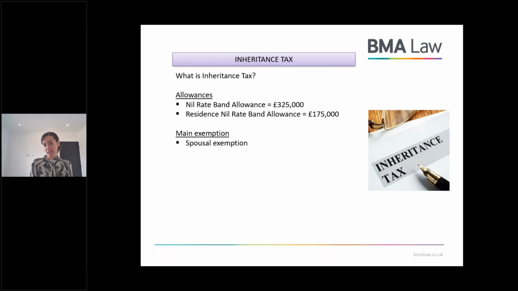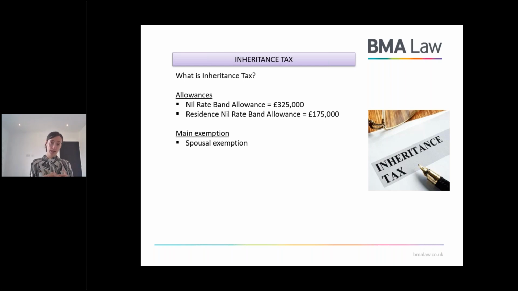So what that means is that if we have spouses or civil partners, the first leaves everything to its widow or widower, and then the second person passes away, then we would expect, if a home is then also left to direct descendants, that the couple's estate can benefit from 4 allowances, 2 nil rate band and 2 residence nil rate band, which would total £1 million.